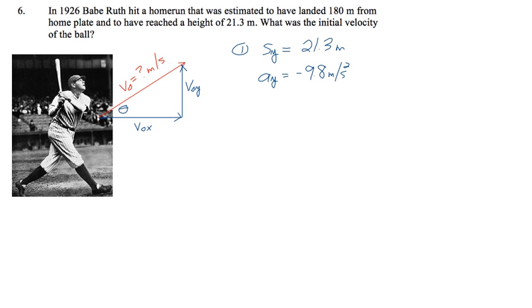Now, what's the velocity when it reaches 21.3 meters above the ground? 0, because it stops going up. So VFY is 0 meters per second, and I'm going to use those facts to solve for time. I'm also going to use these facts to solve for V0Y.